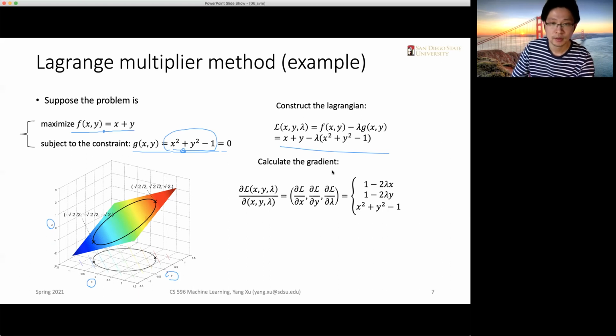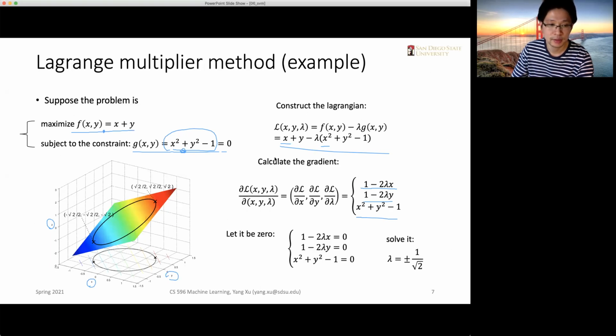It's quite easy to do because all the terms are differentiable. We have the first component equal to 0, the second component equal to 0, the third component equal to 0. And we can easily solve it, getting lambda equal to either 1 over square root of 2 or negative 1 over square root of 2.